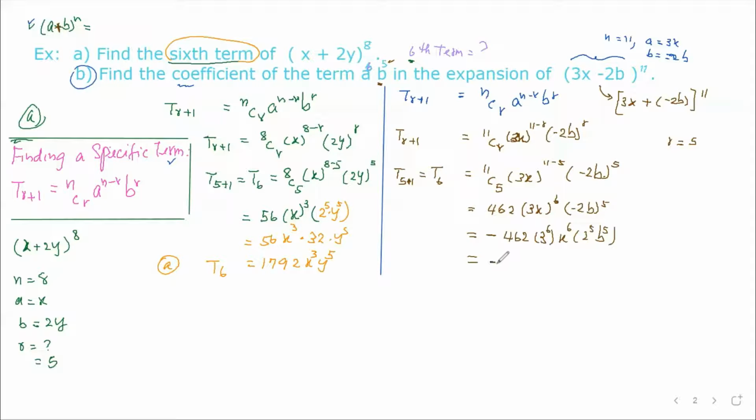This one has a negative sign, don't forget. We have 107,775,36, a very large number, and then x power 6 and b power 5.